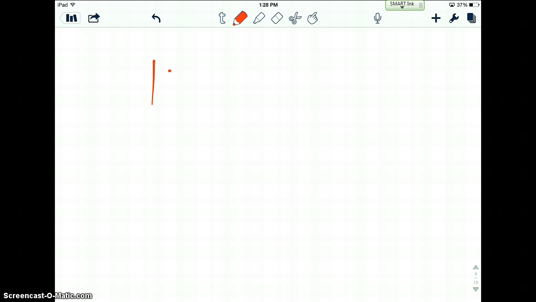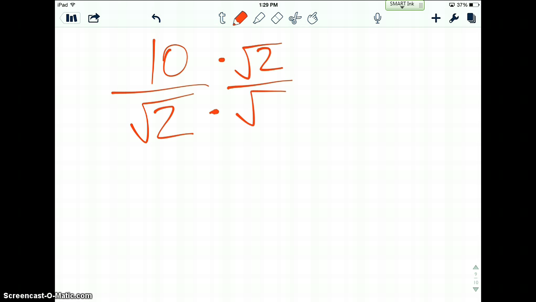So we have to get that root 2 out of the denominator so it's considered mathematically simplified. To get that root 2 to go away, watch what I'm going to do. I'm going to multiply the numerator and the denominator by a fraction that's equivalent to 1, and it's going to be root 2 over root 2.